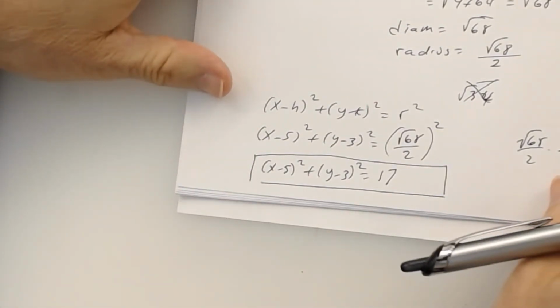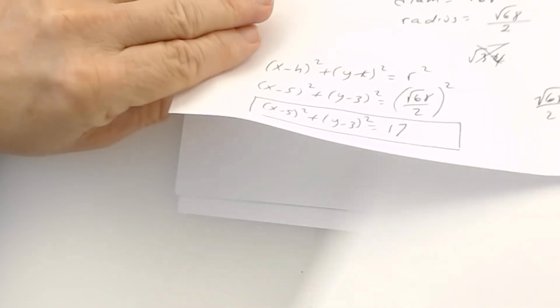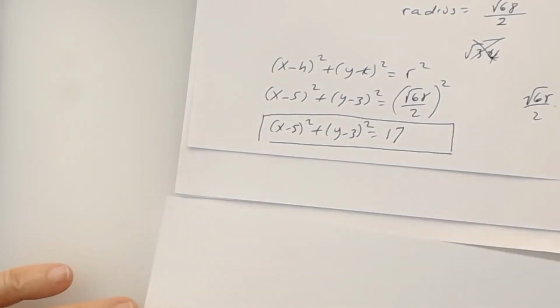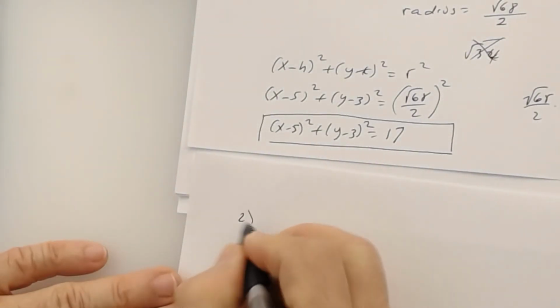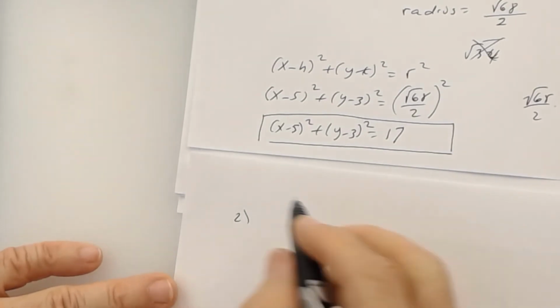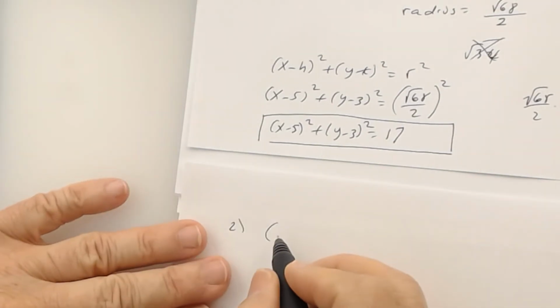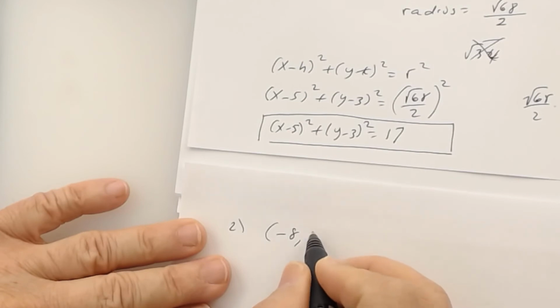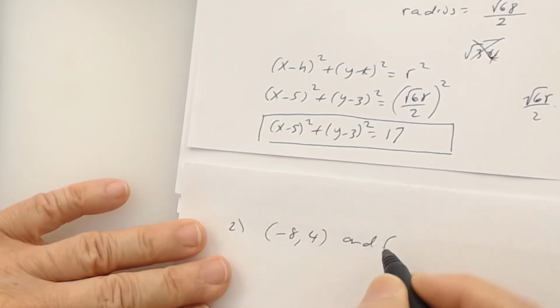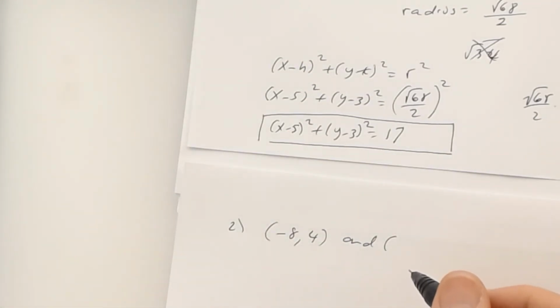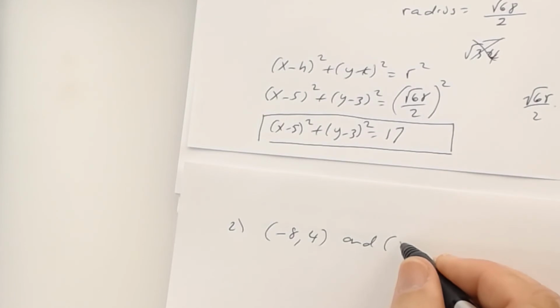All right, let's do one more with this. Suppose, number 2, that the endpoints are (-8, 4), and let's say the other point is (1, -10).